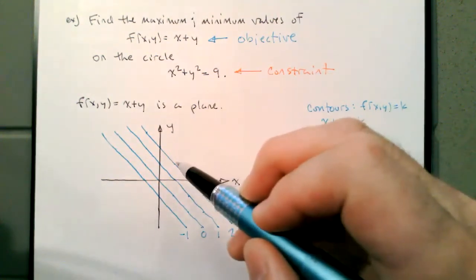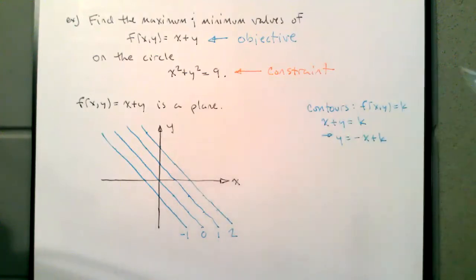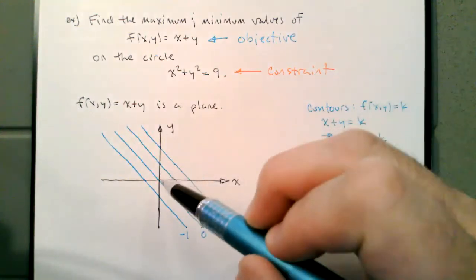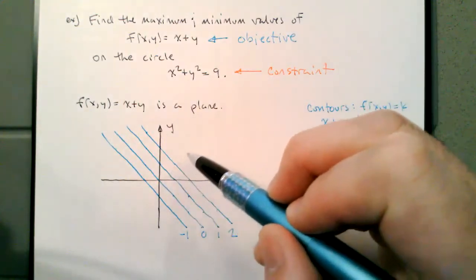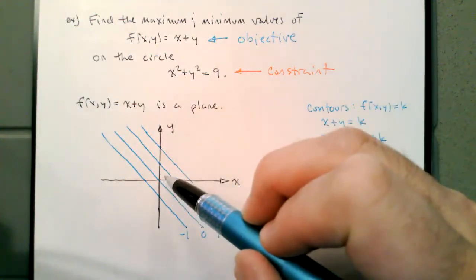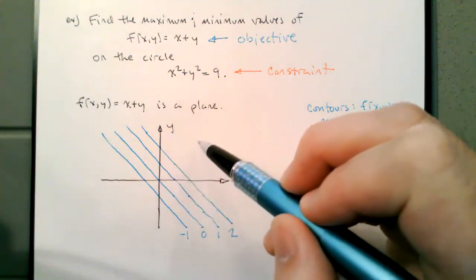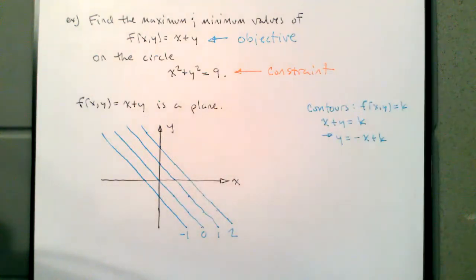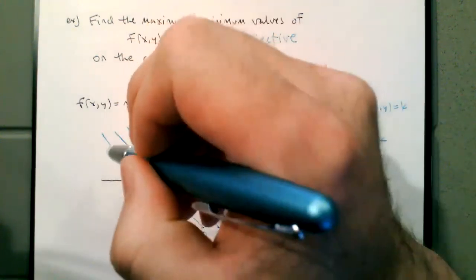We know that if we go perpendicular to the contour, that will be the direction of maximum increase. So the values of the function are increasing as we go in this direction, 45 degrees above the x-axis. That's our direction of maximum increase.